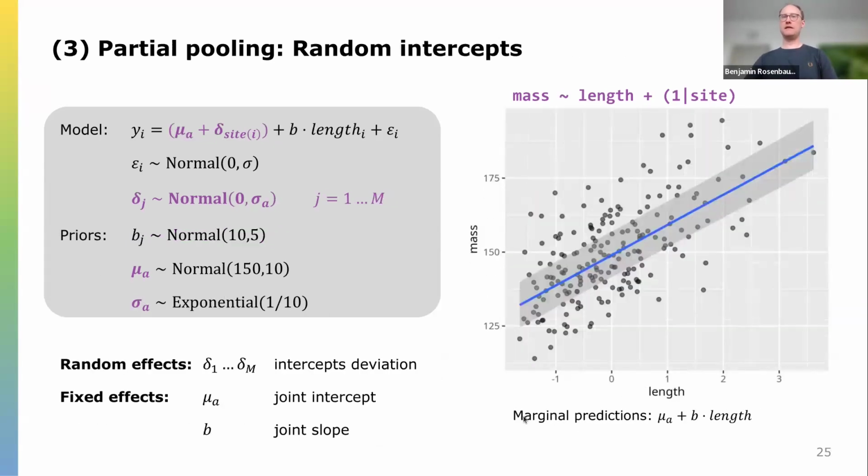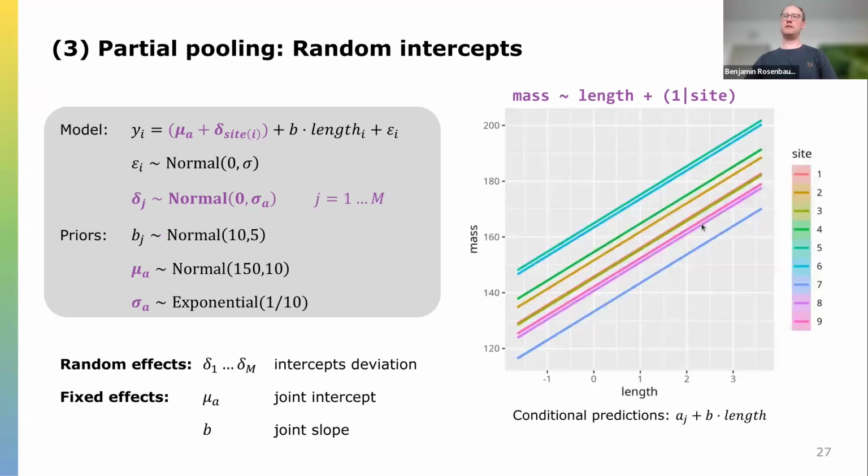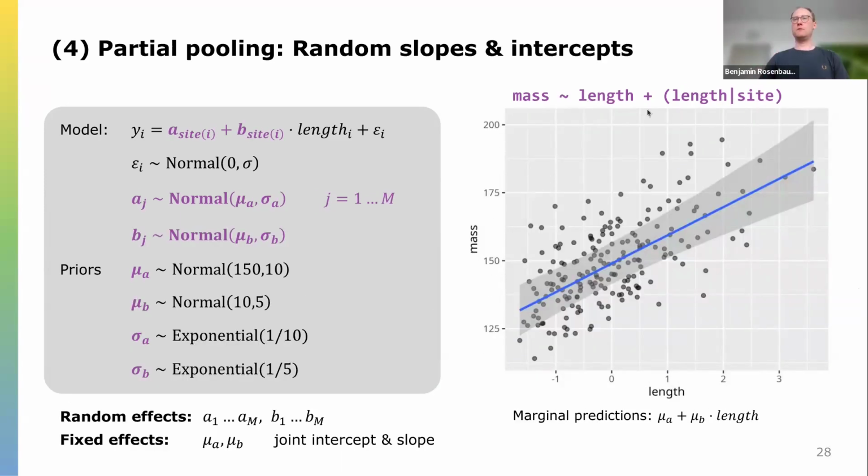And you see that the uncertainty increased a bit more even. We get a predictor for the overall intercept, or the mean intercept, and for the overall slope, the mean slope here, while still correcting for the discrepancy between sites.